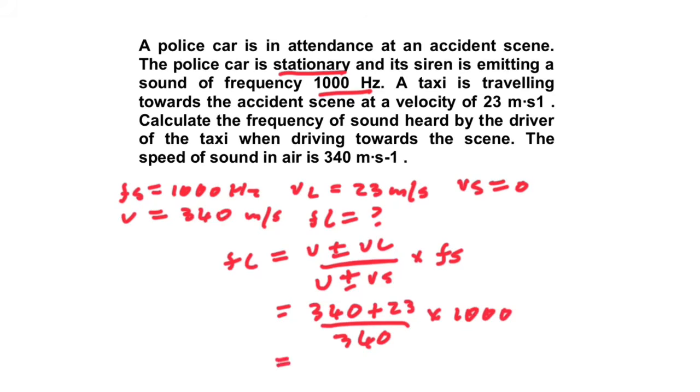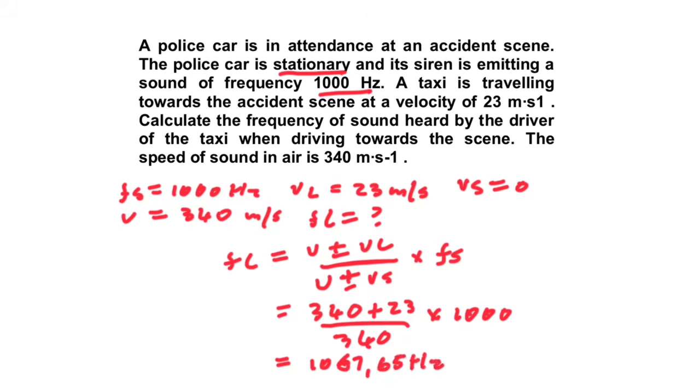So we are expecting the frequency that is observed by the listener to be more than 1000 hertz, to be more than that which is emitted, because the listener is moving towards the source. We have 1067.65 hertz.